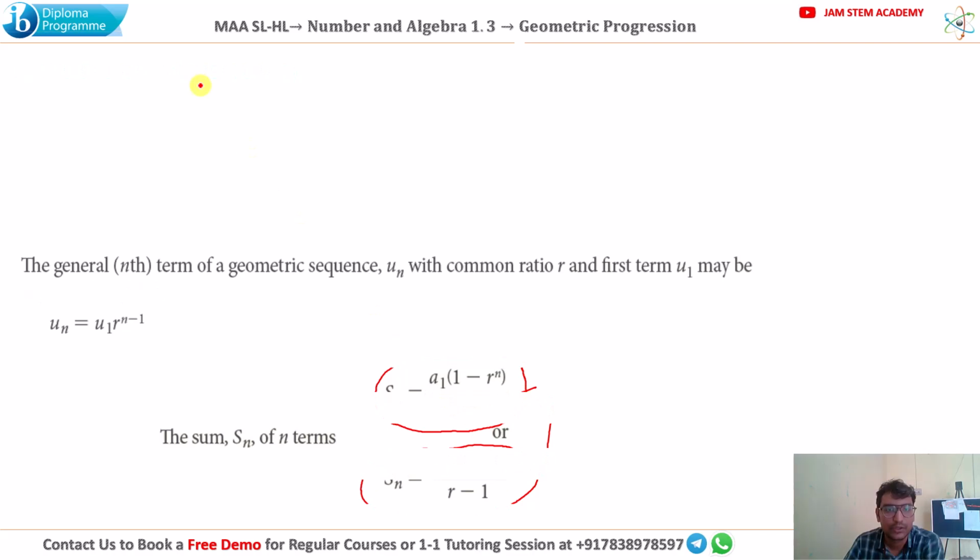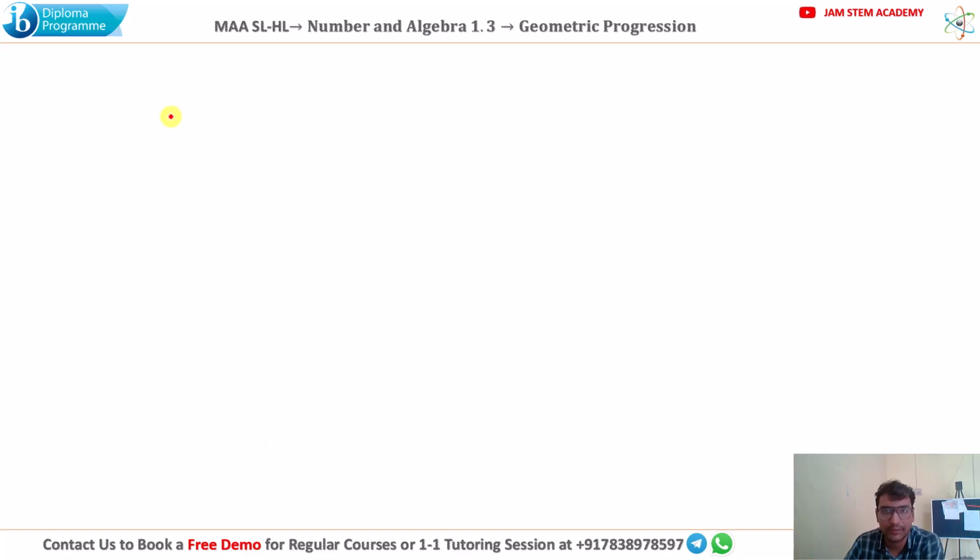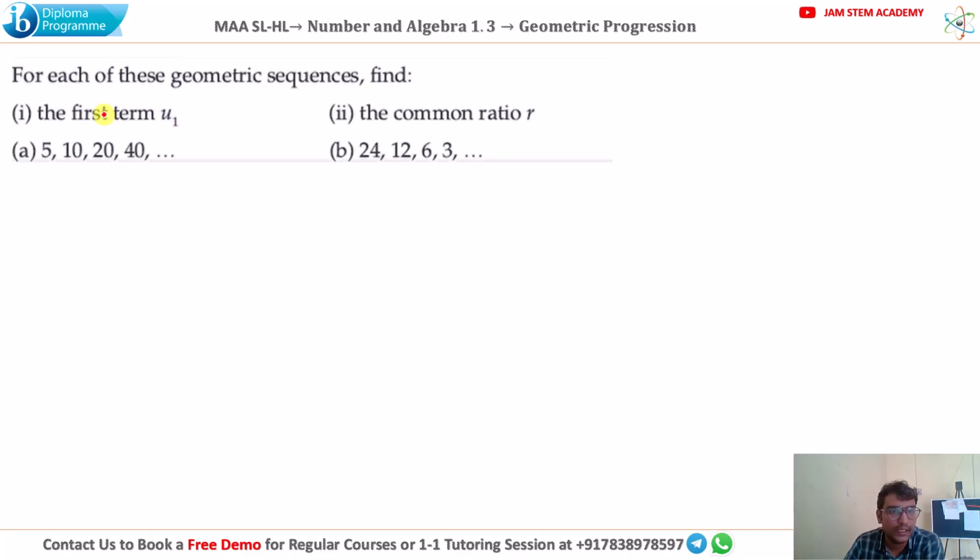Okay, so let us solve some questions on geometric sequences. Here it says for each of the sequences we have to find the first term as well as the common ratio r. Let's start with the first one: 5, 10, 20, 40. The first term is 5. What is the number with which we multiply this to get 10? The number is 2, so the common ratio is 2 and the first term is simply 5.